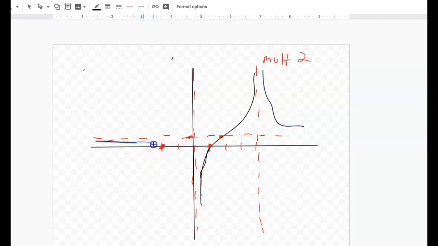So it's going to come in, and then boop, and then pass through that point, and then go all the way up to your vertical asymptote. And so that's the sketch.